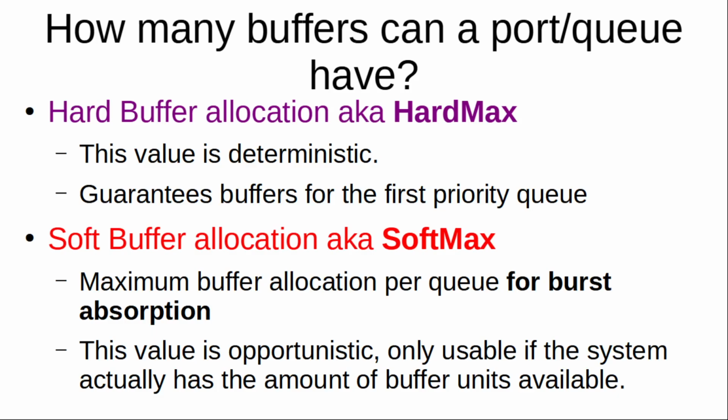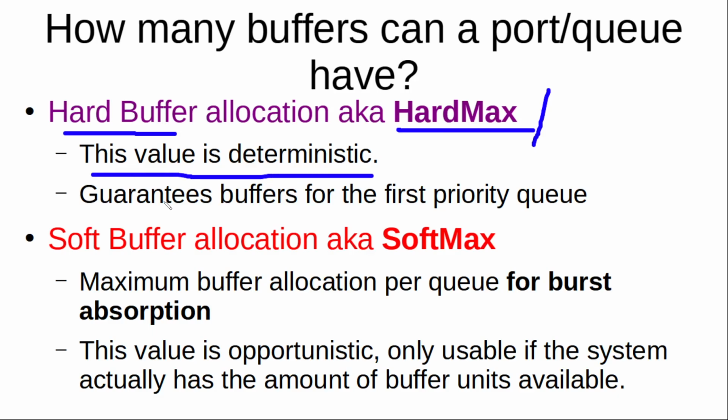Remember that when you want to look for the hard buffer amount, this is how the operating system calls it. We will call it HARDMAX. Remember, this value is deterministic because these buffers are not movable.